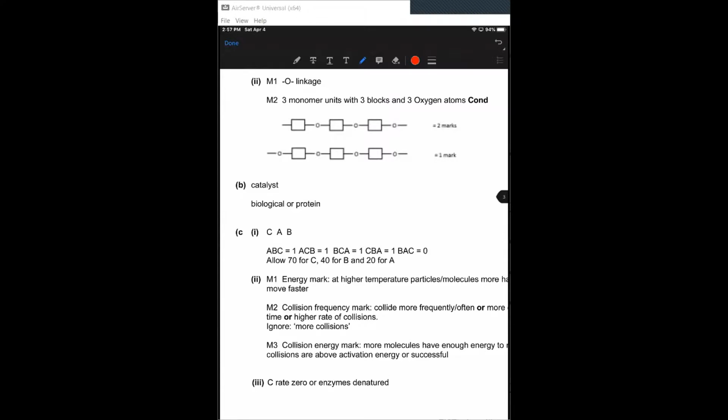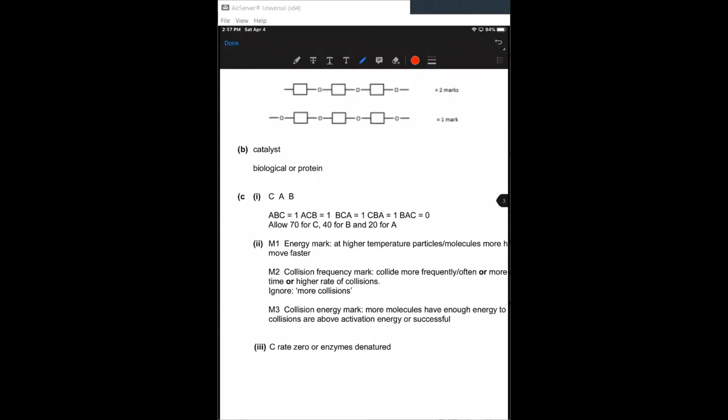Then for C part 1, put the experiments in order of reaction rate, slowest first and fastest last. So the idea is, if more time is taken, then it is slower. It has something to do with time. Less time means the reaction is fast.